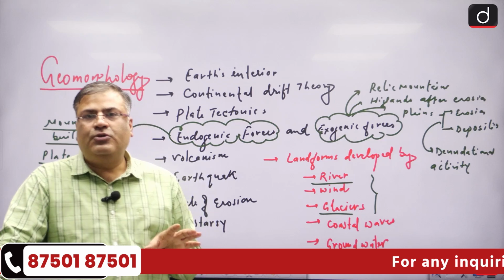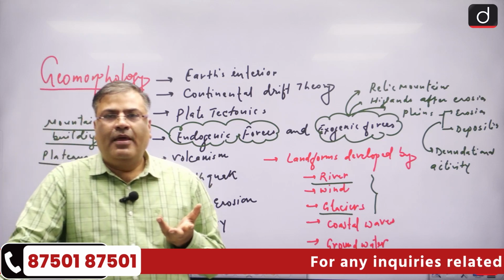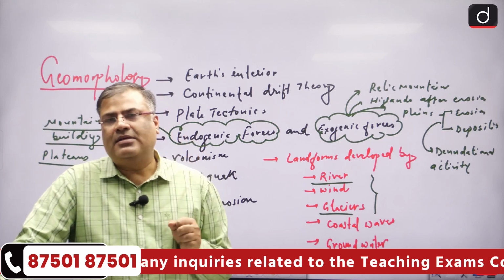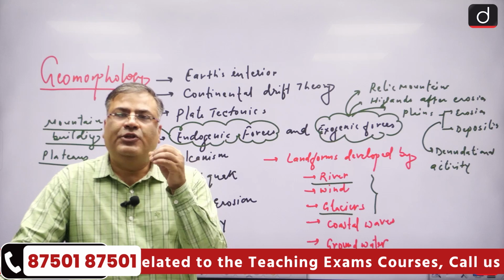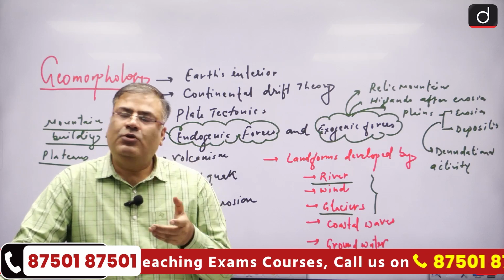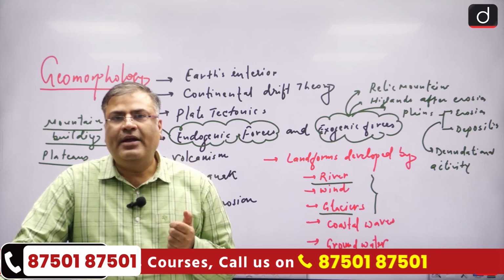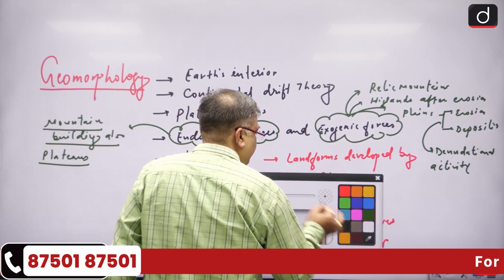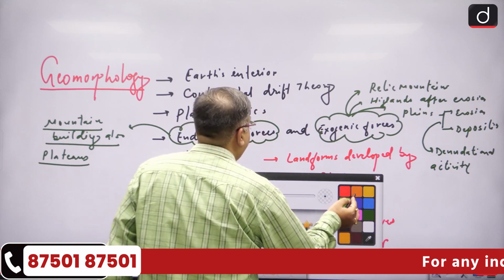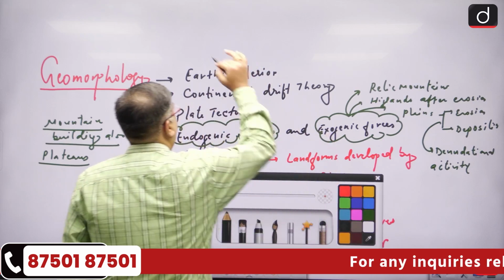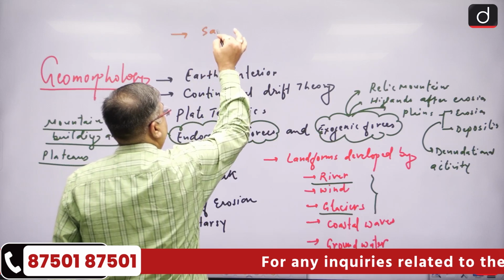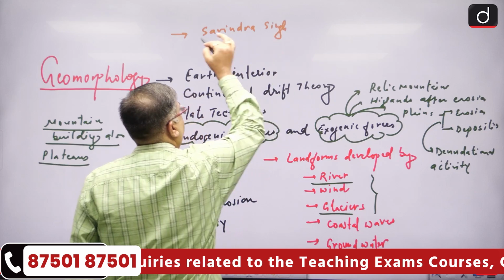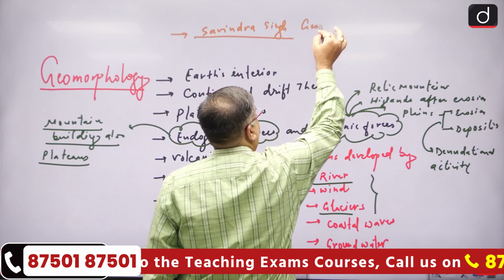You do not need to depend upon other sources, but I will suggest that whatever coverage we are making here in the class, whichever traditional or conventional book you have, you can make use of that. Like for geomorphology, you can make use of Savindra Singh's Geomorphology.